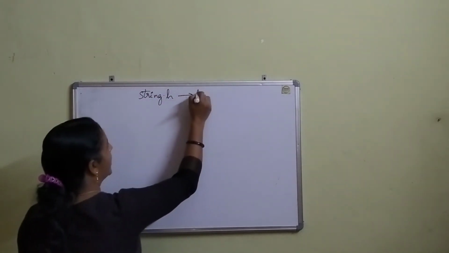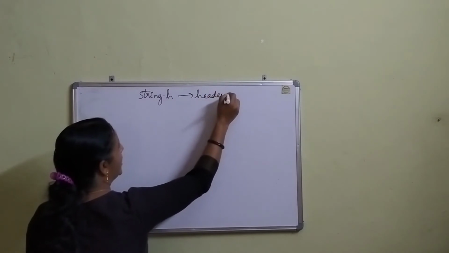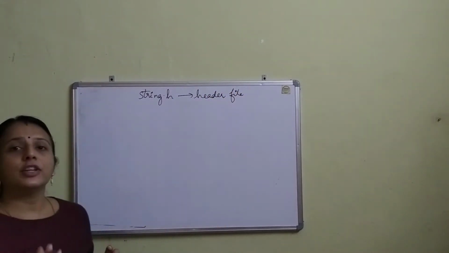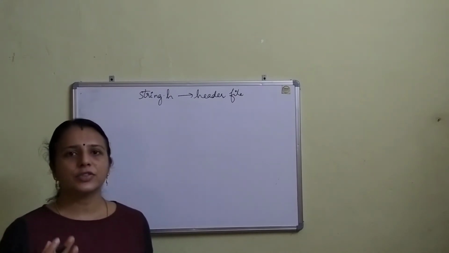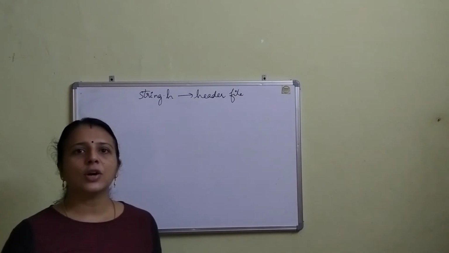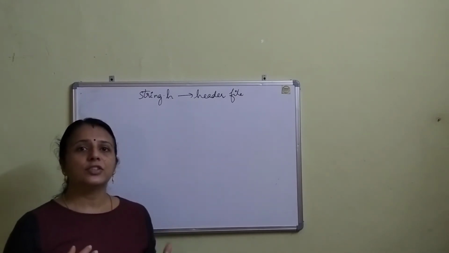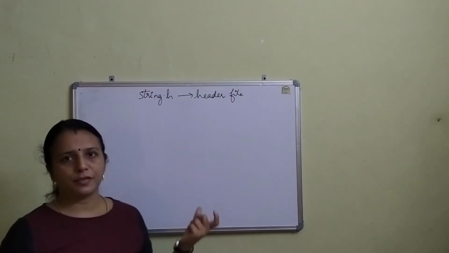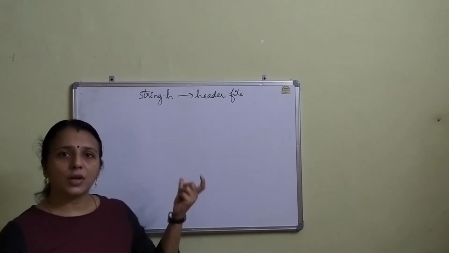This header file contains n number of predefined functions which are needed to process strings in the C programming language. When you want to manipulate or process data in strings, you have to use the string.h header file. So you have to include that.